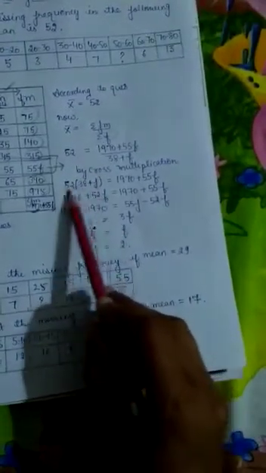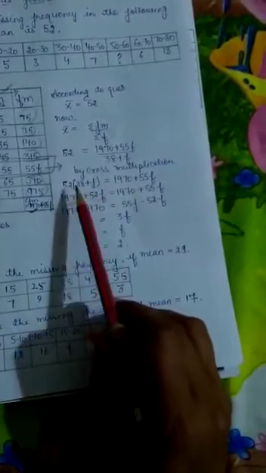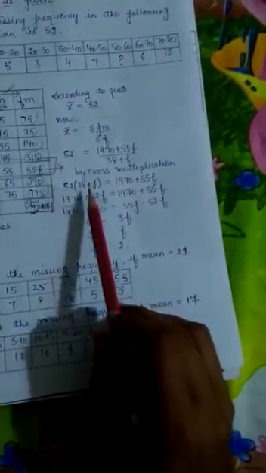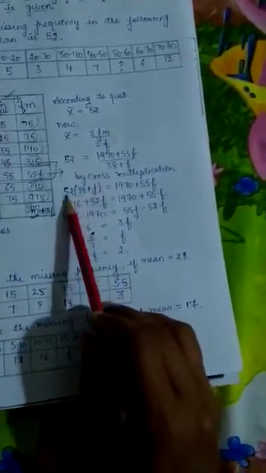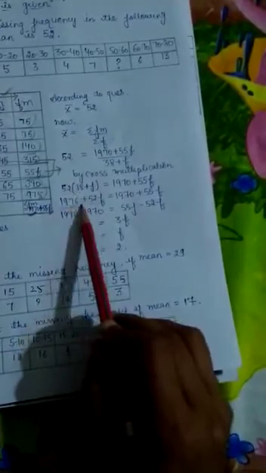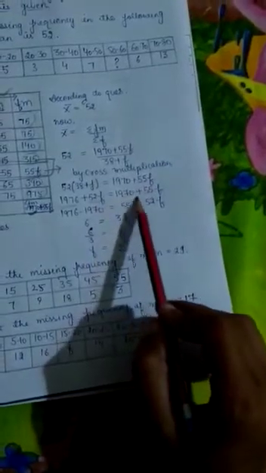I know these basics are clear to you. If any problem, you can ask me personally. These questions you have already done in 10th class also. It is just a revision for you, so try to understand them nicely. Here it is already given 1970 plus 55f.